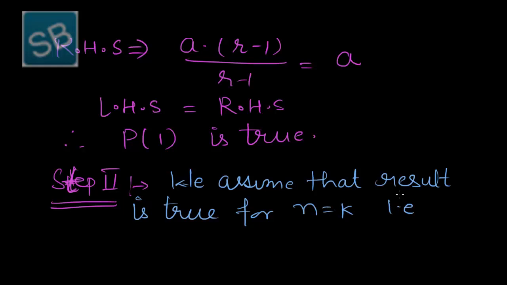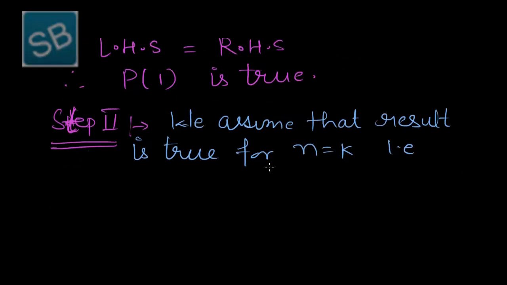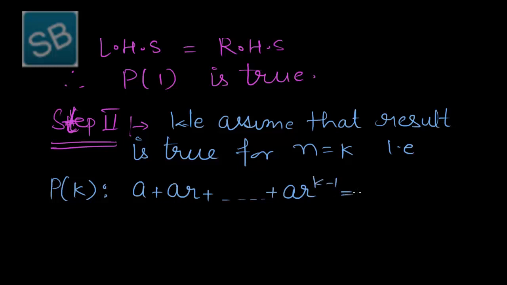That is, P of k, that becomes a plus a into r plus so on a into r raised to power k minus 1 is equal to a into r raised to power k minus 1 over r minus 1.